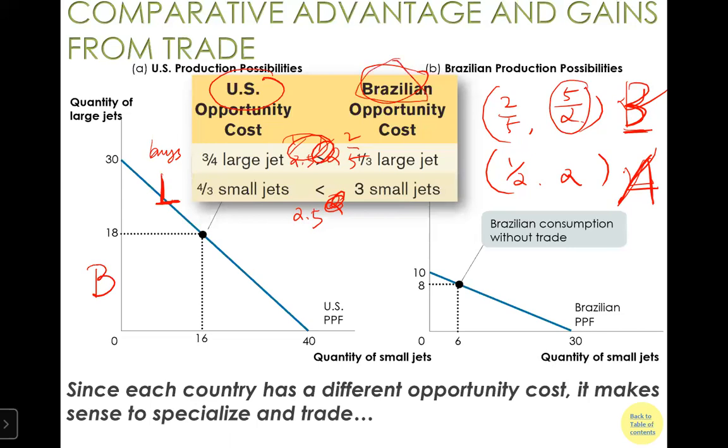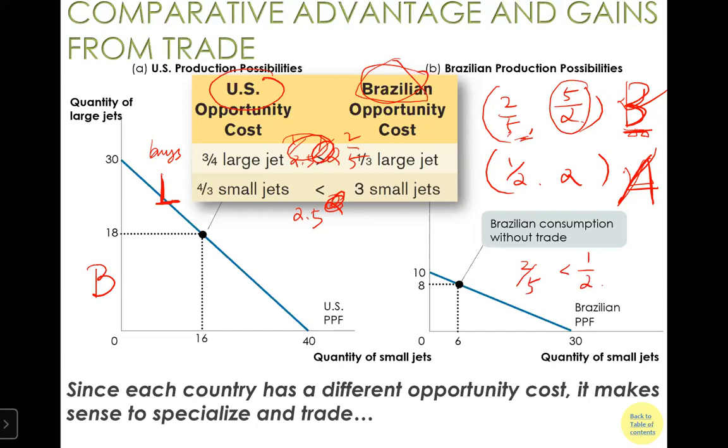Under B, they are going to sell their small jets at a lower price, because 2/5 is less than 1/2.